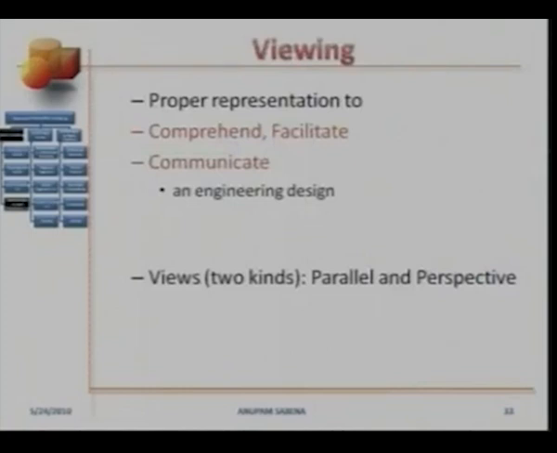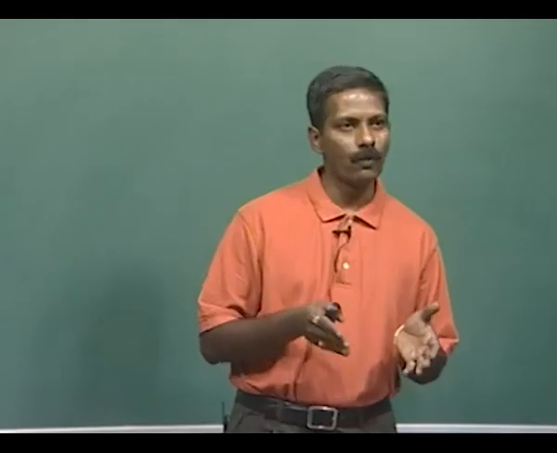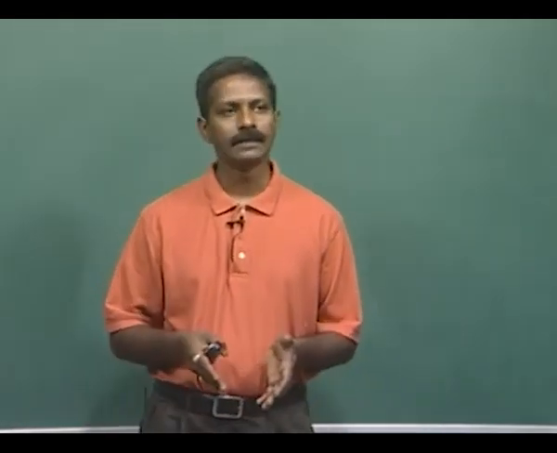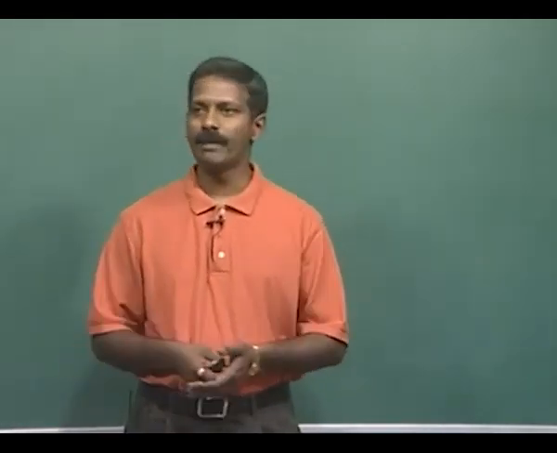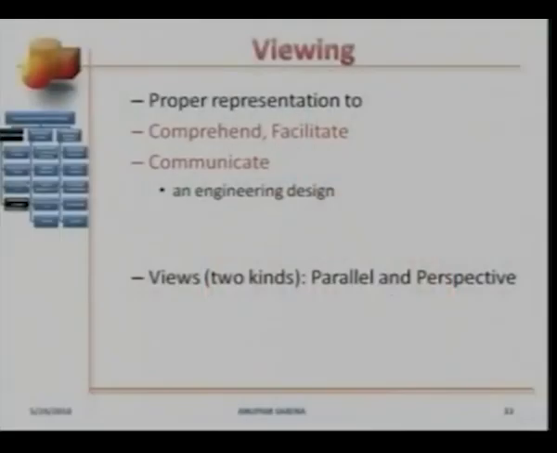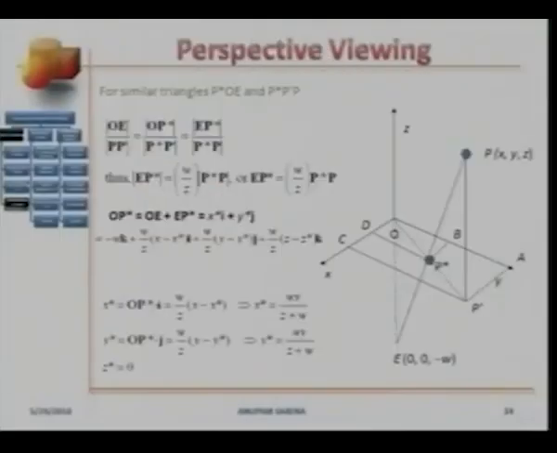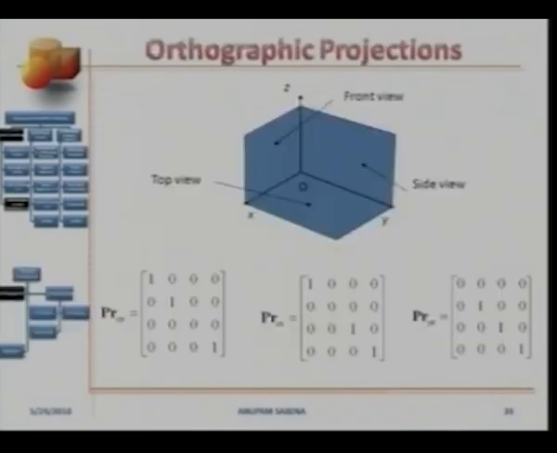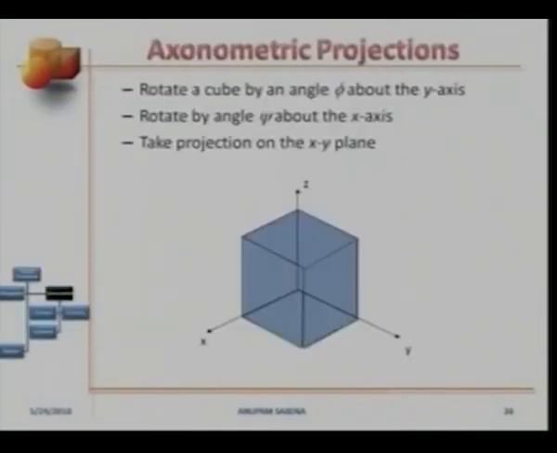Viewing. Why was viewing important? We wanted to comprehend or facilitate solid modeling. We also needed to communicate our designs with different people. Views were of 2 kinds, parallel and perspective. We talked about perspective viewing, orthographic projections, axonometric projections.